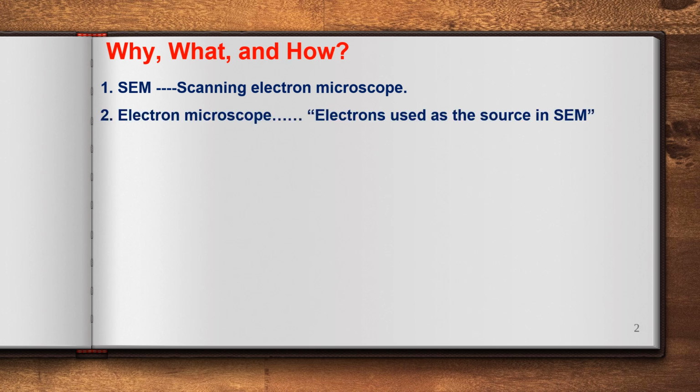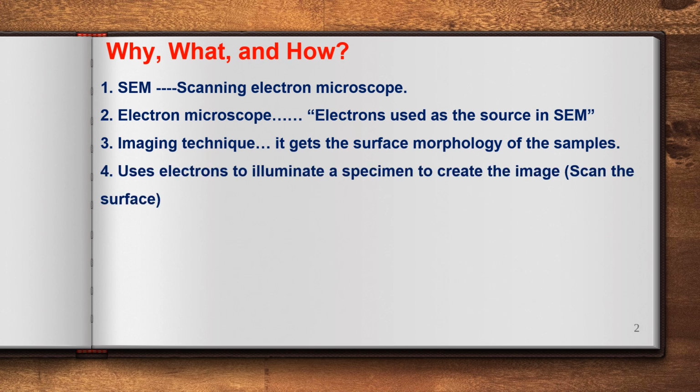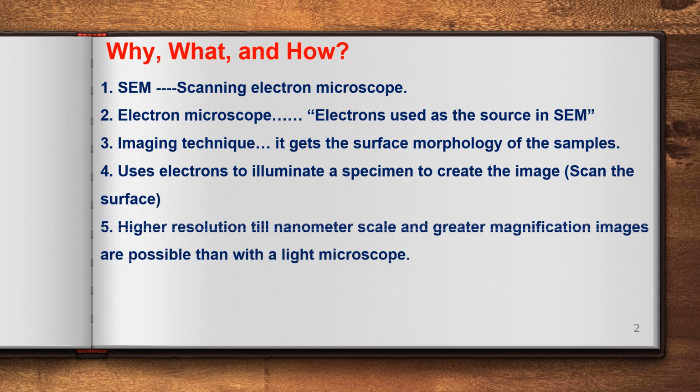As discussed, electrons are used as the source in SEM. It is an imaging technique that gets the surface morphology of the sample. The principle involved is that highly focused electrons scan the surface, which gives the topography of the surface.